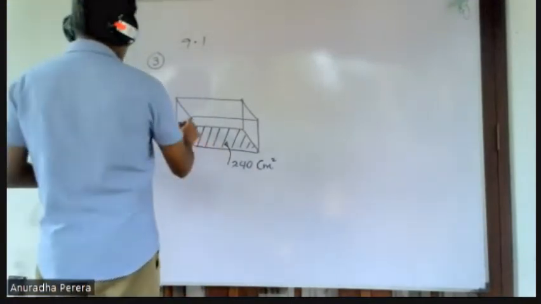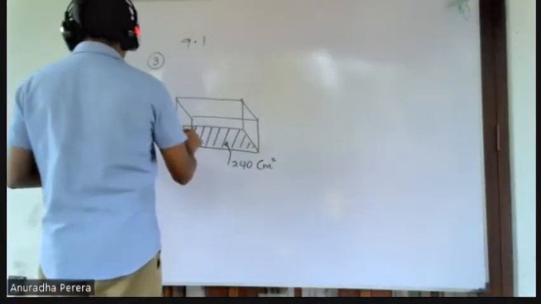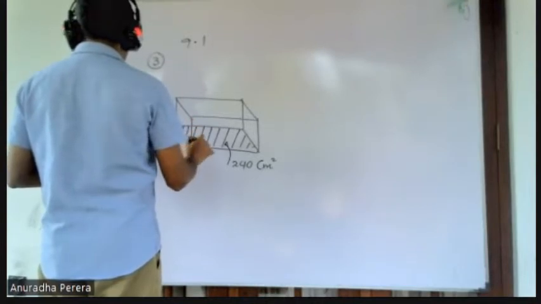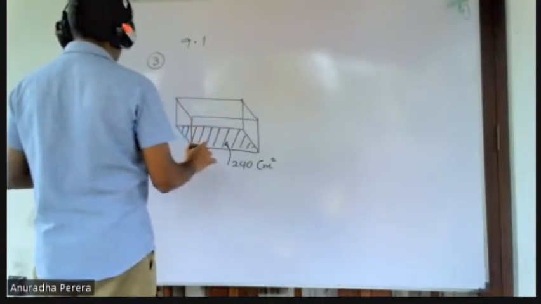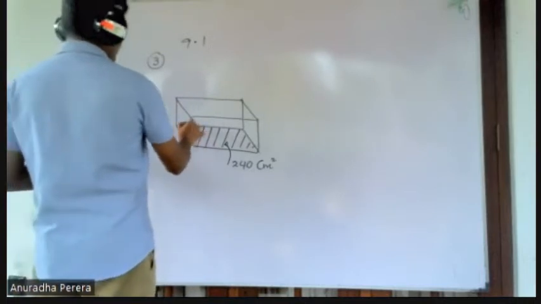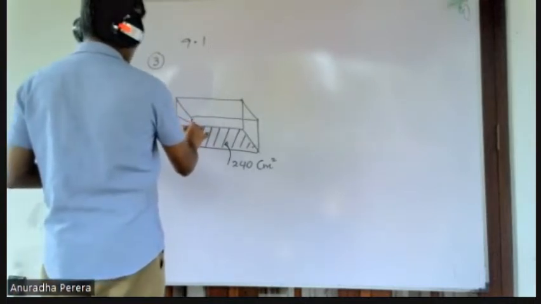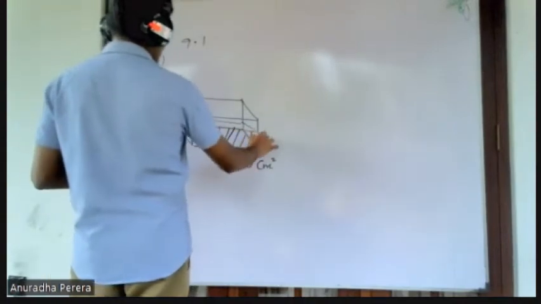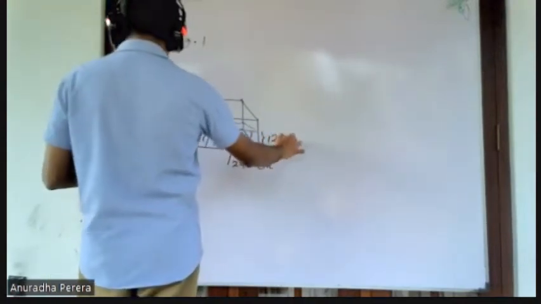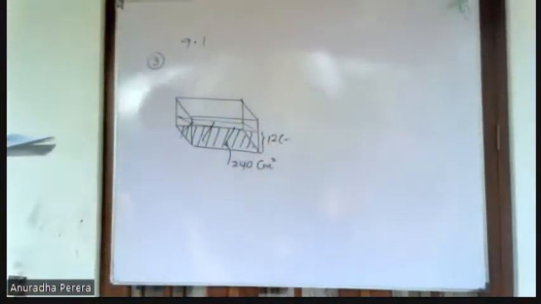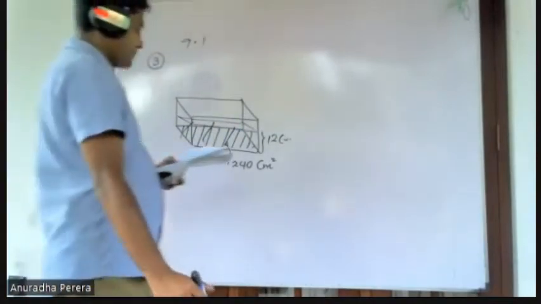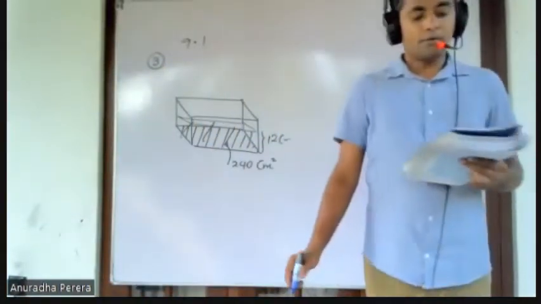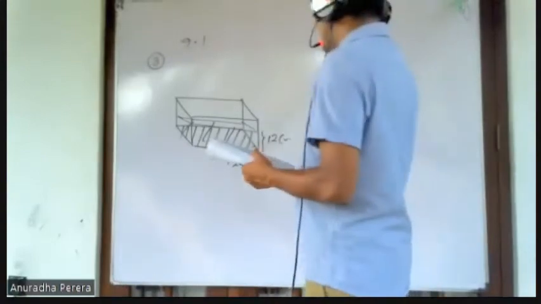Height is given, this is 12 cm. With water, find the volume of water in the tank in cubic centimeters.